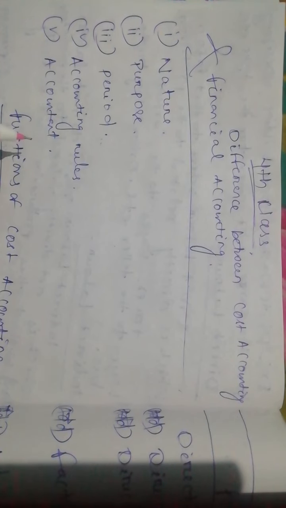In financial accounting, the accountant may be a commerce graduate, or any graduate with Tally or ERP knowledge may perform accounting work. But in cost accounting, a commerce graduate will not perform the work, because cost accounting work can be performed by a cost and management accountant or a chartered accountant. Okay.